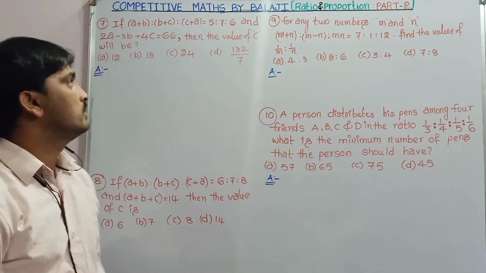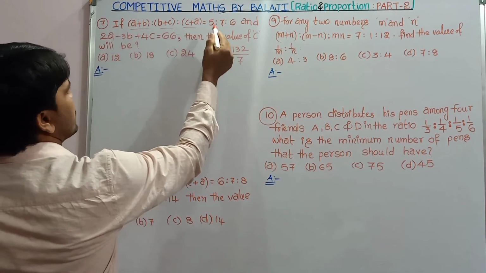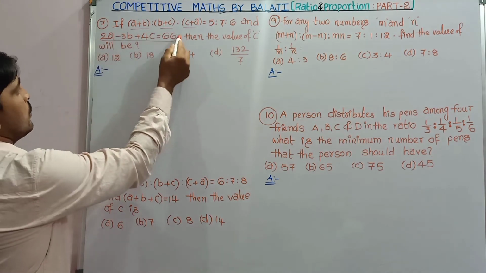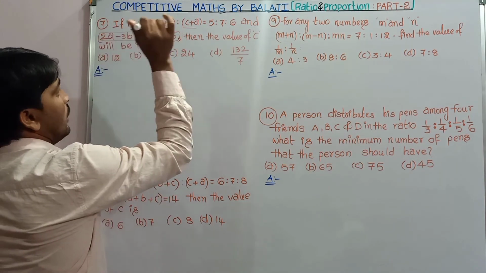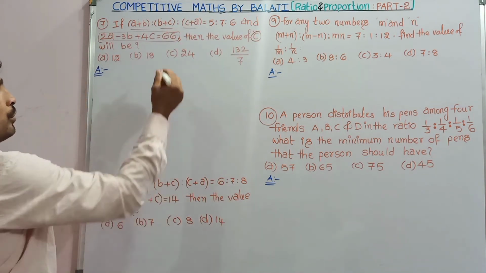Next question, 7th one. If (A+B) : (B+C) : (C+A) = 5 : 7 : 6 and 2A - 3B + 4C = 66, then find the value of C. Here it is given in ratio and asked for the individual value of C, so we have to use this condition.